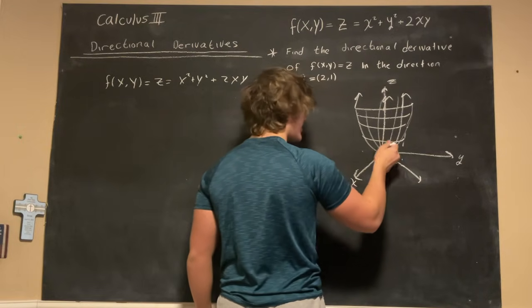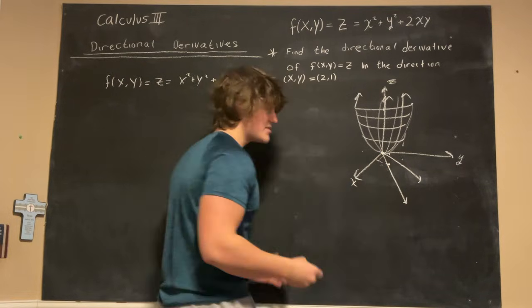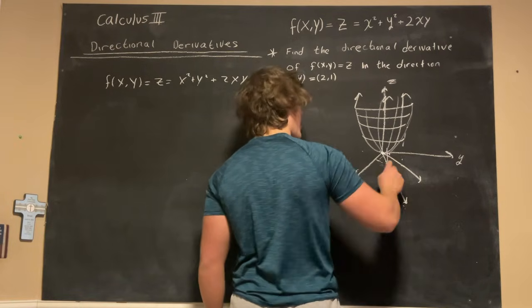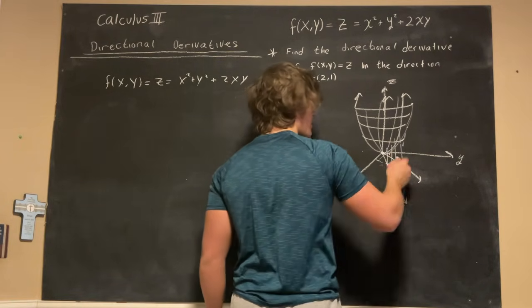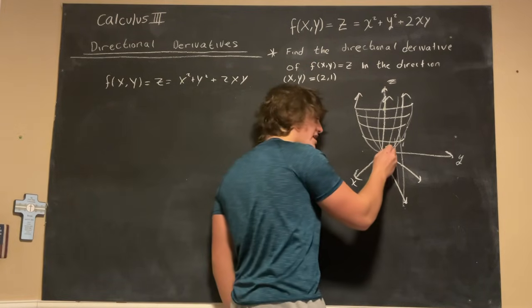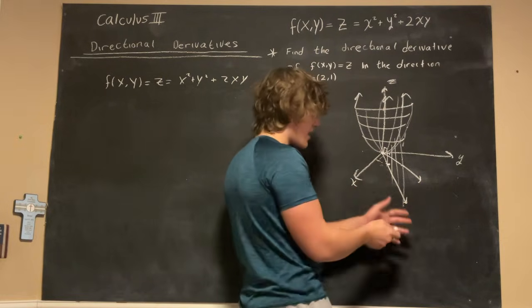So we are moving in a line which looks like this, and this is the direction we are moving in. This is our direction that we are using for our derivative, and our directional derivative is just the rate of change of this z when looking at this function through this direction.